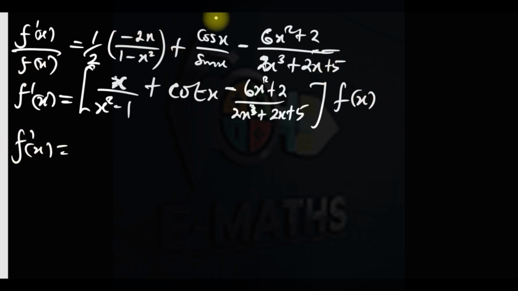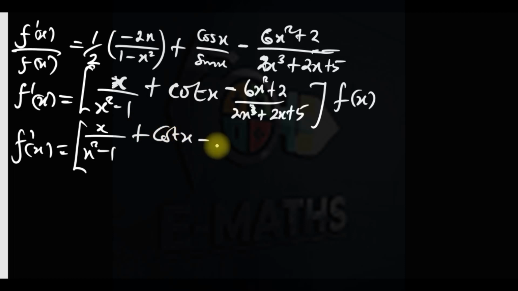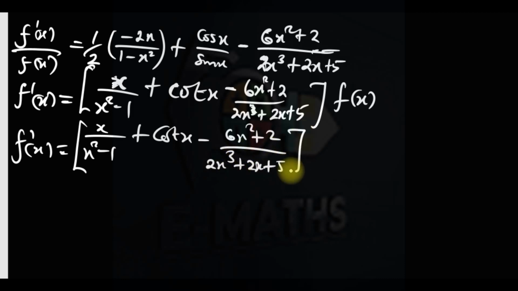So f(x) will multiply all this. Then I simplified further to have this. So we write x over (x squared minus 1) plus cot x minus (6x squared plus 2) over (2x cubed plus 2x plus 5).